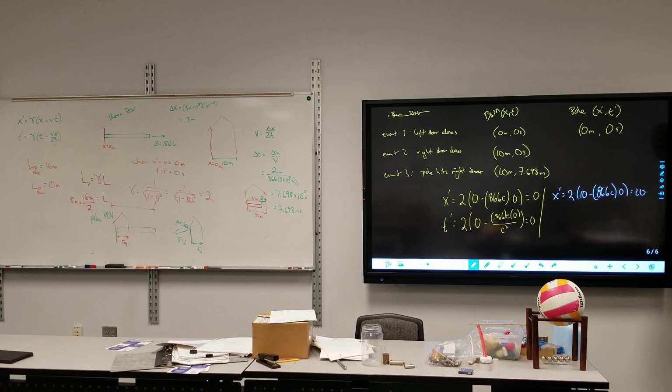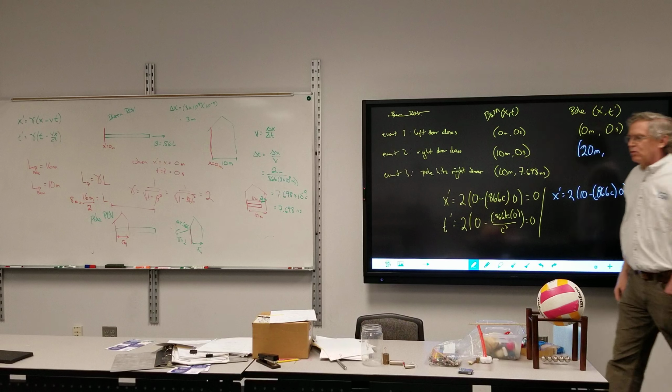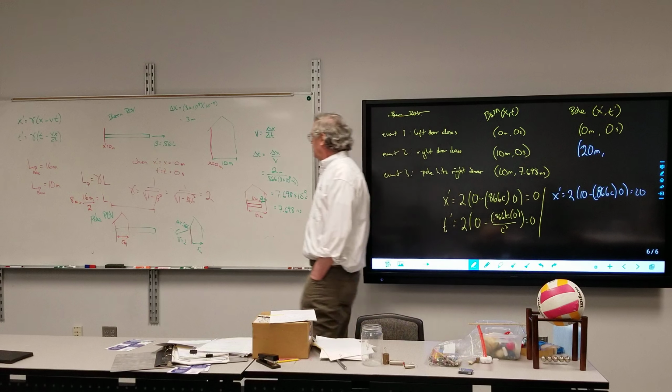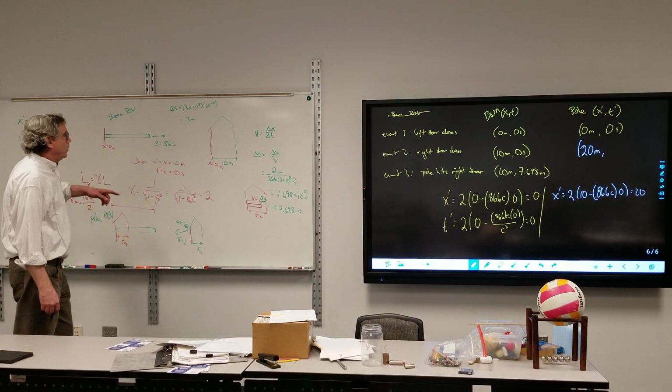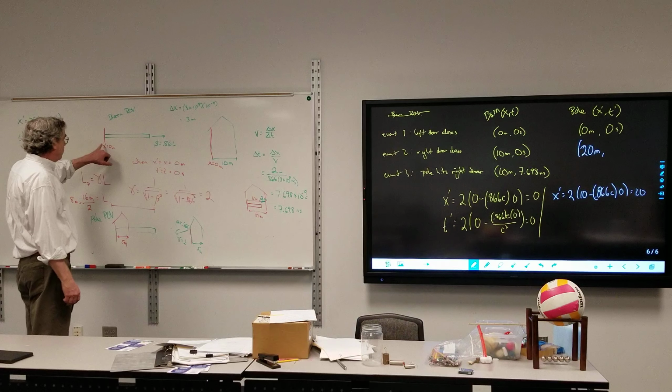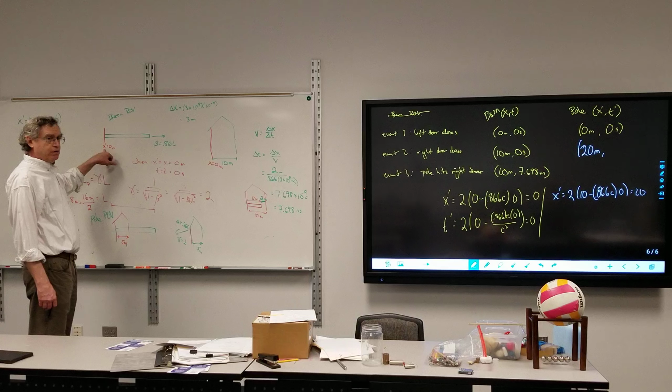So I get 20. So the right door is going to close when it is 20 meters away from the left end of the pole.